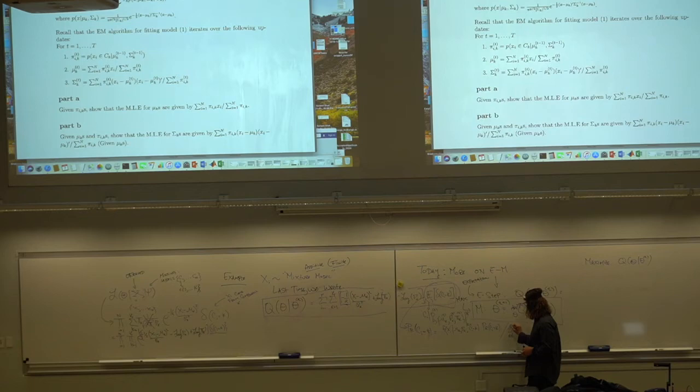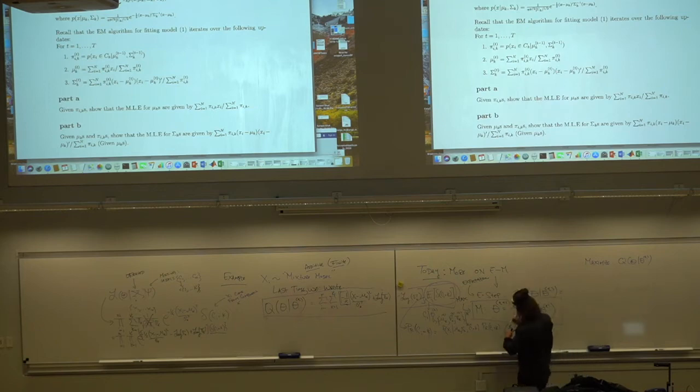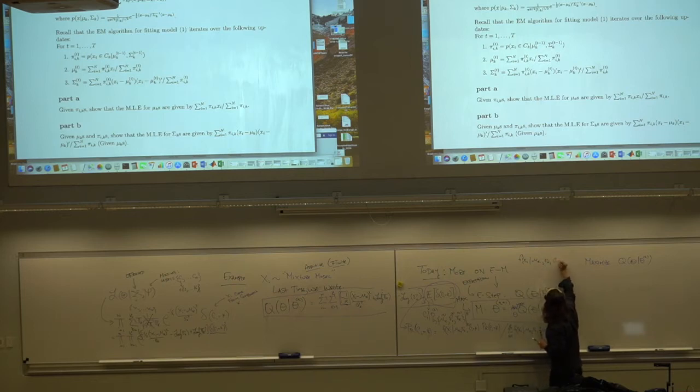The sum over k goes from 1 to cap K of f(xi given mu k, sigma k, ci is equal to k). And just to be super redundant about all of this, my f(xi given mu k, sigma k, ci is equal to k) is going to be proportional to e to the minus 1/2.